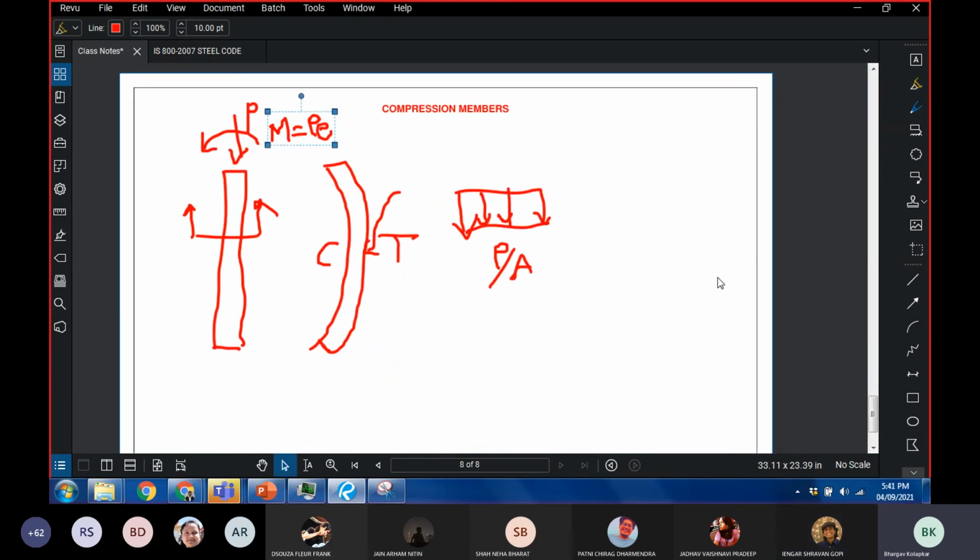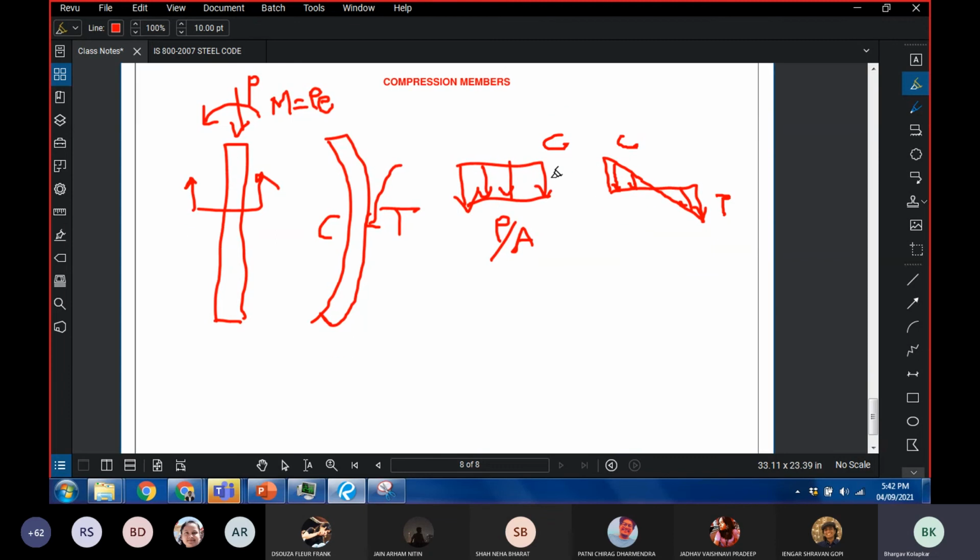So because of this moment, it all depends upon the magnitude of moment, but let us say you have tension in some part and compression in some part, and your stress diagram is something like this. This is tension, this is compression.